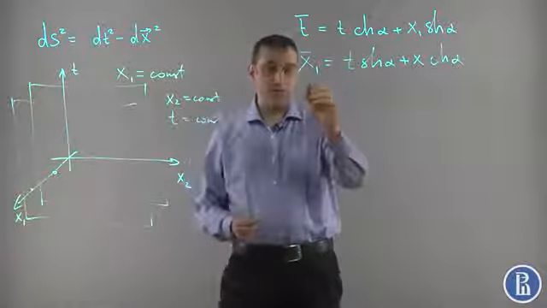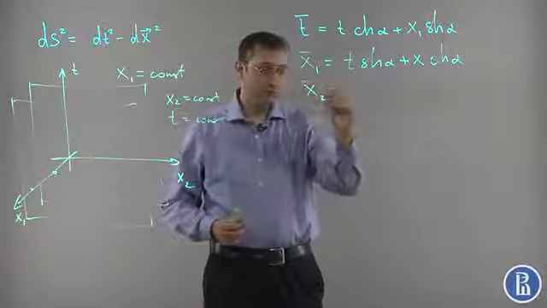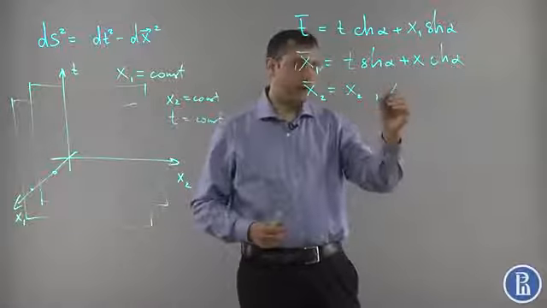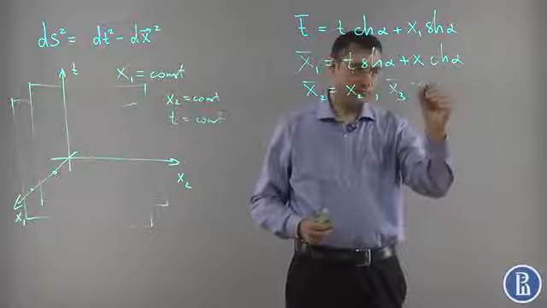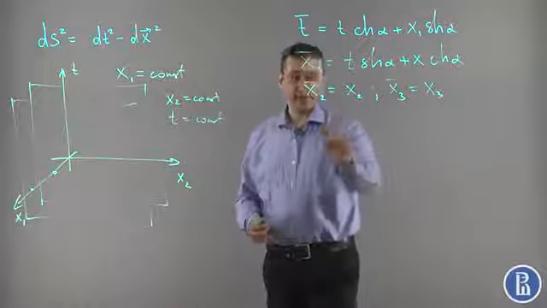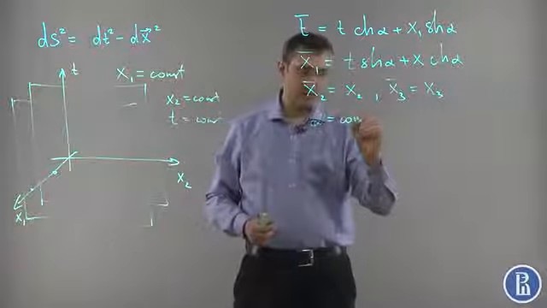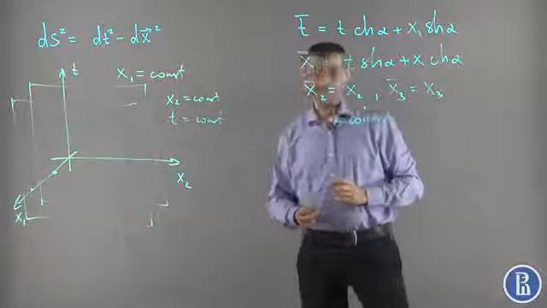At the same time, we do not change x2 and x3. And alpha is constant, which means that it doesn't depend on the coordinates.